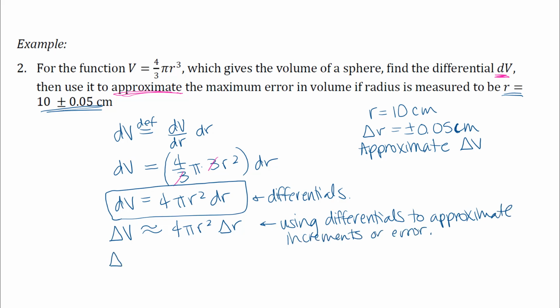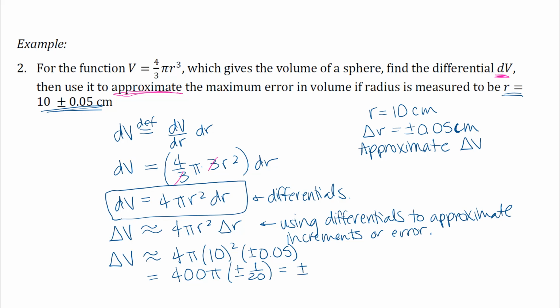All right, so delta v is going to be approximately equal to 4 pi, my radius is 10, and my change in r is plus or minus 0.05. All right, so when I multiply that out, I'm going to get 400 pi times plus or minus 0.05, which is 1/20th. You can use your calculator certainly, but I'm going to get plus or minus 20 pi.